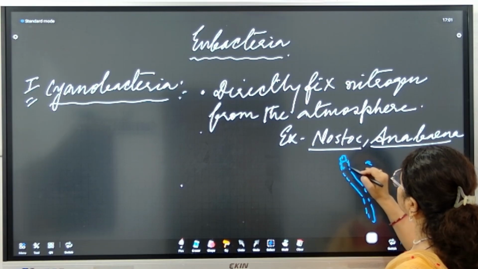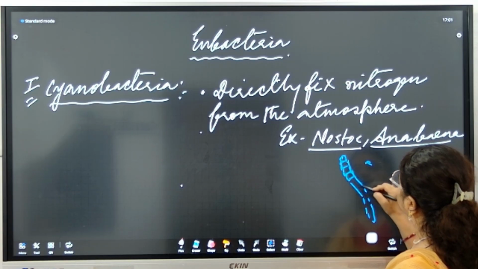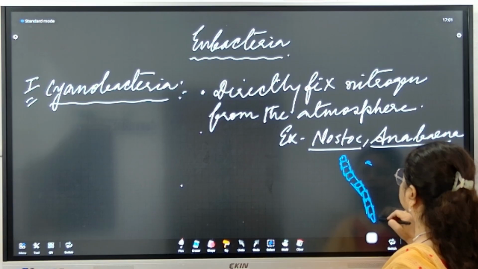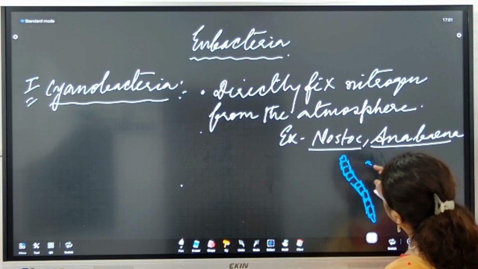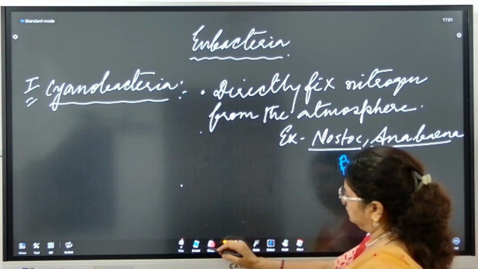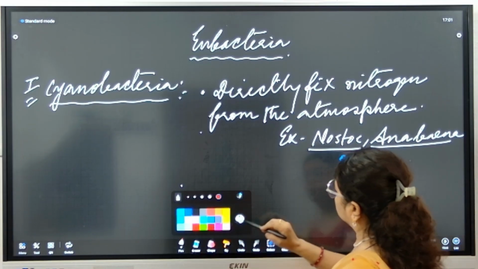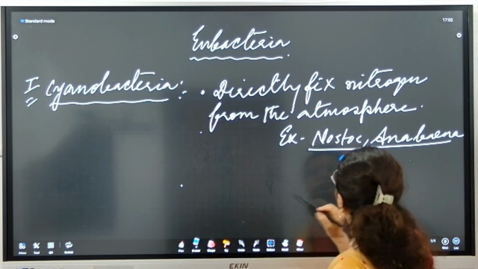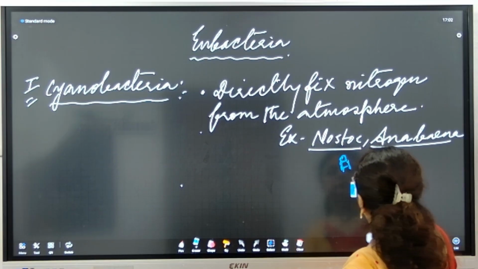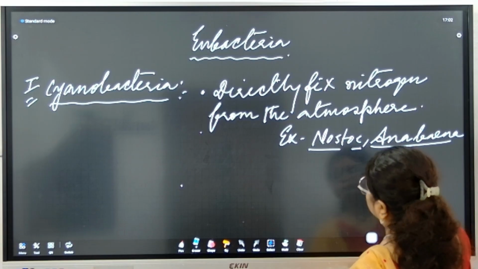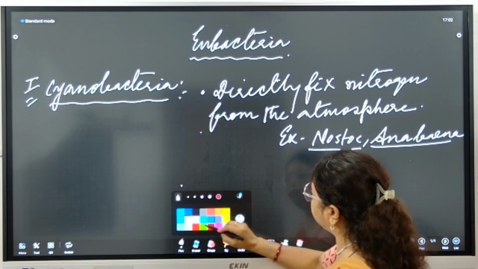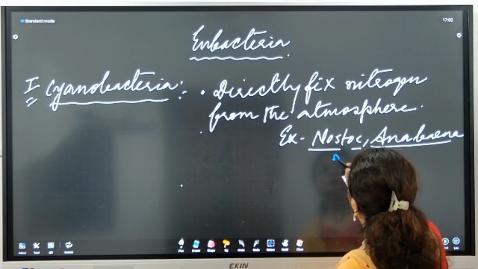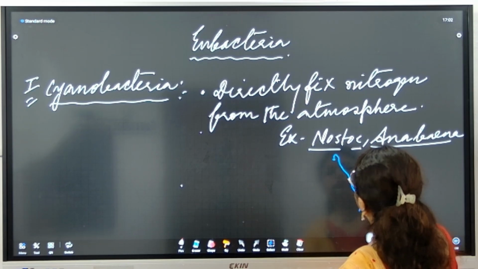And here I am drawing the cells. This is the filamentous form of Nostoc.